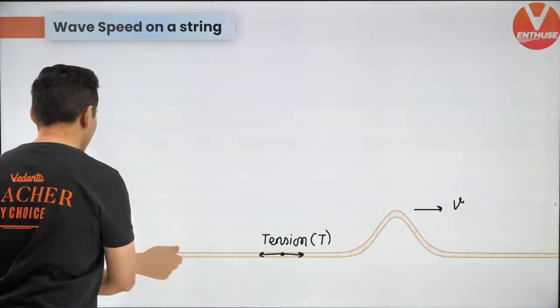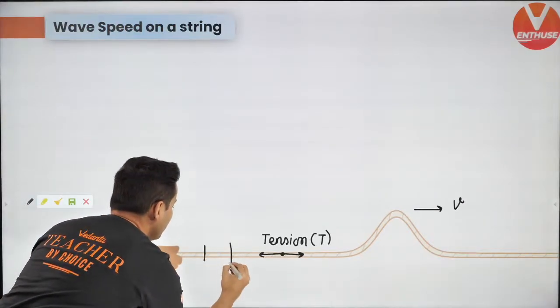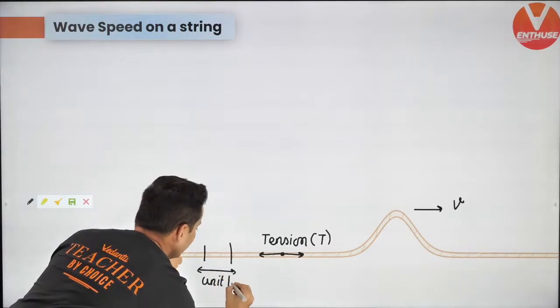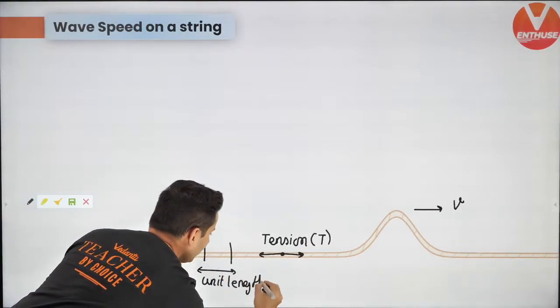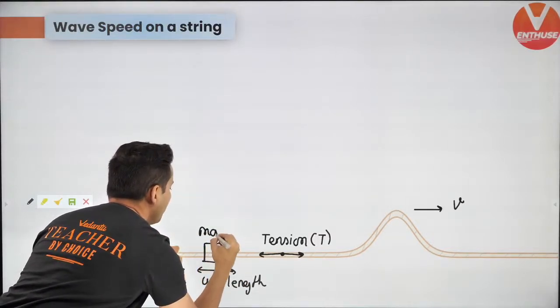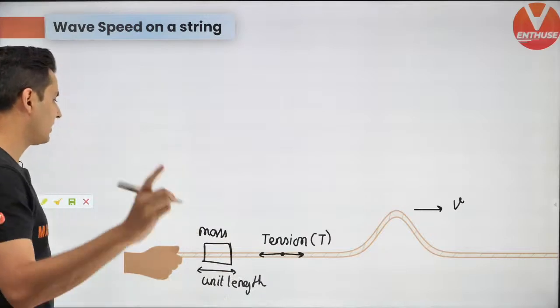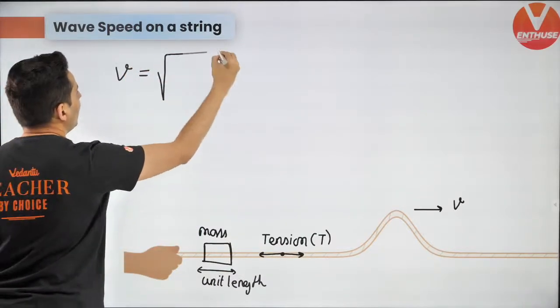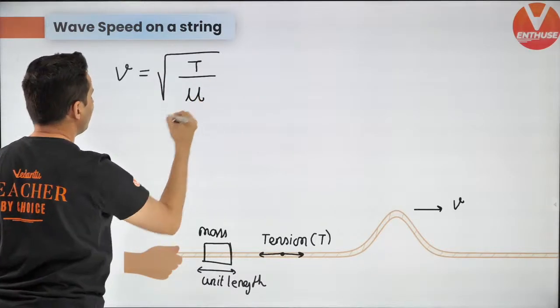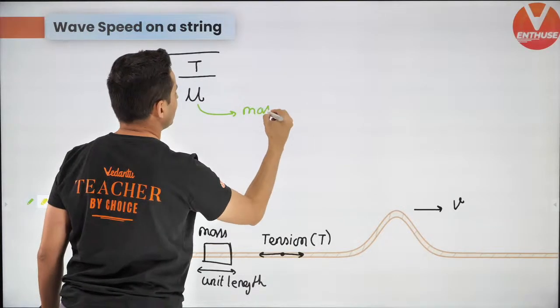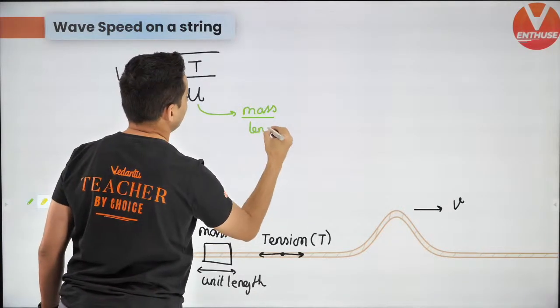And the next thing is mass per meter. So let's say this is unit length. What is the mass per unit length? The wave speed is given by root of tension by mu, where this mu is mass per unit length.